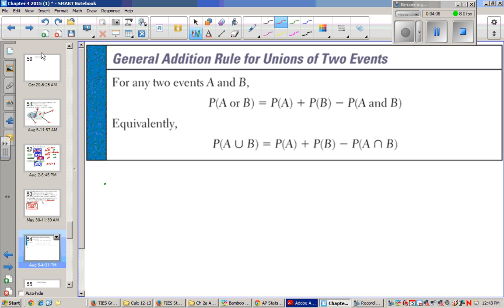Now there is an additional rule for the union of two sets. It's the probability of A or B, written formally, is when you add A and B together and you subtract out the and. And I'll just show you once over here that this works.